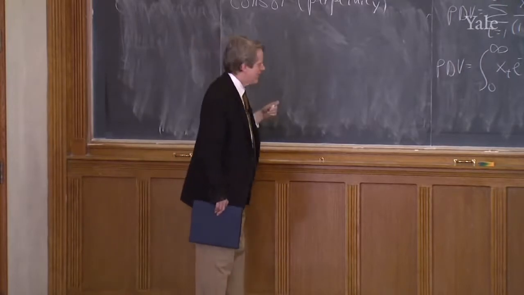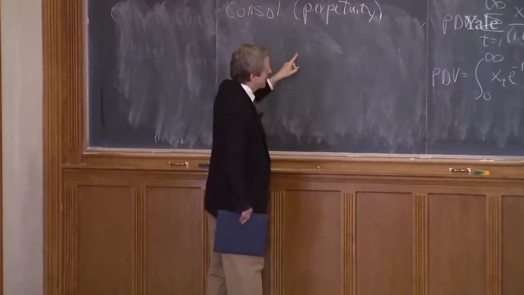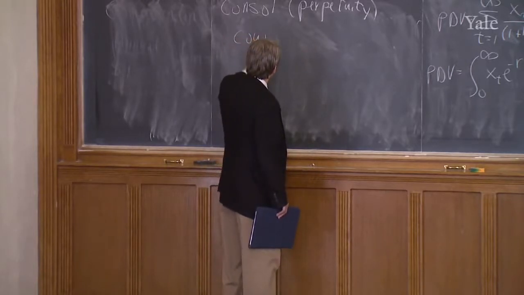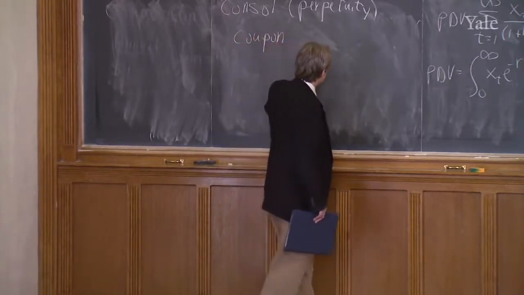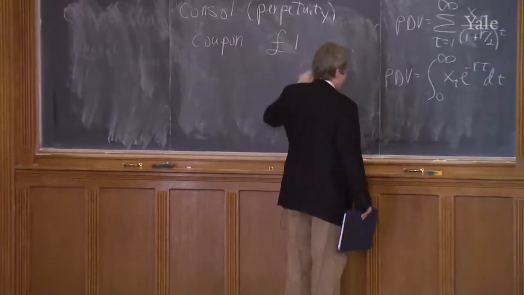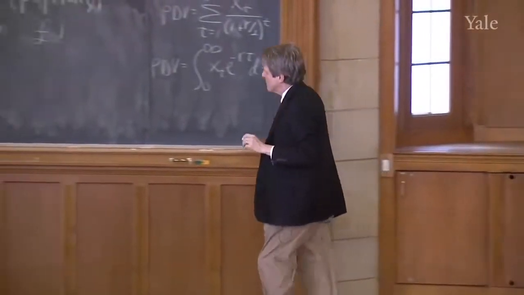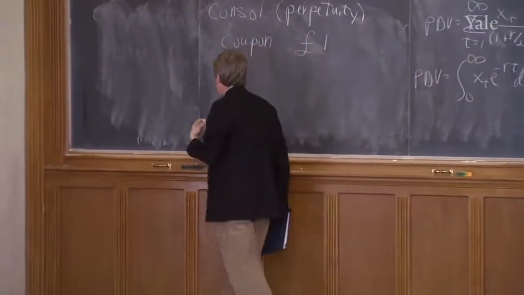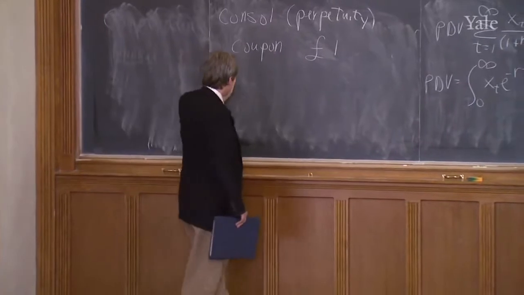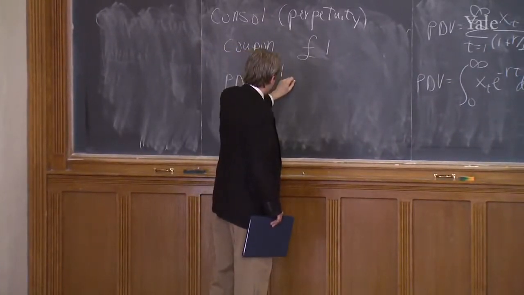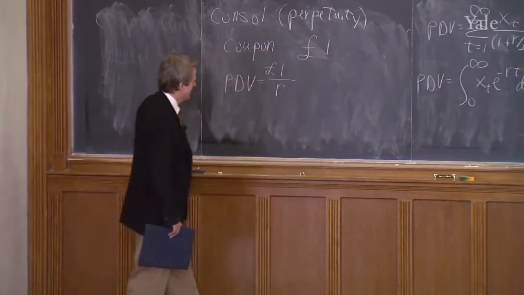Okay, what is the present value? Now we'll call the amount that the console pays its coupon. Let's say the coupon were £1 per year. If it was paying £1 per year and we're using annual coupons, annual compounding, then the present discounted value is equal to £1 over the interest rate.